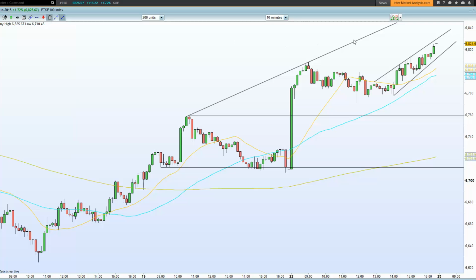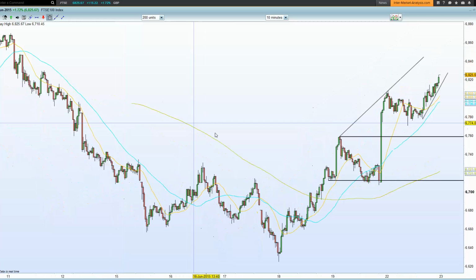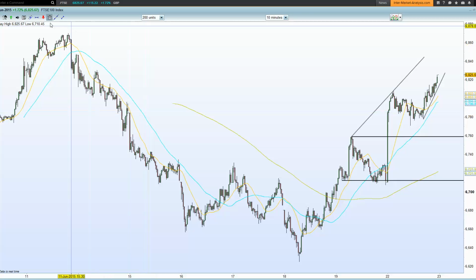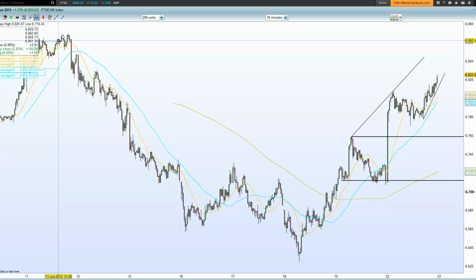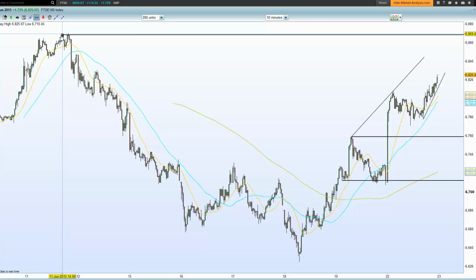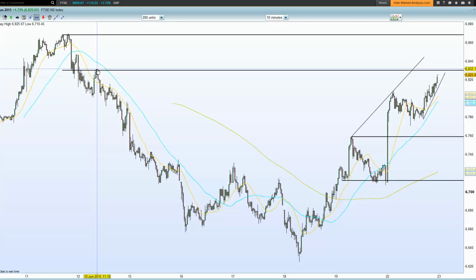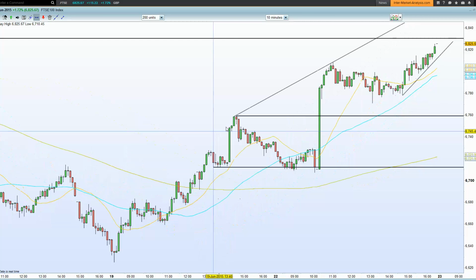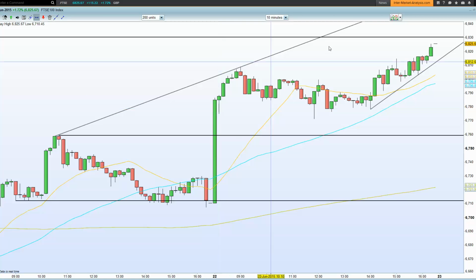So nothing as such in terms of the charts or any previous, because we're in no man's land really to a large extent, given the fact that the price action hasn't been very active recently in this region. Okay, so horizontal resistance here, key turning points or key pivot points, and I think that's it really in terms of the FTSE 100. So again, it sort of coincides with the 6830 region.